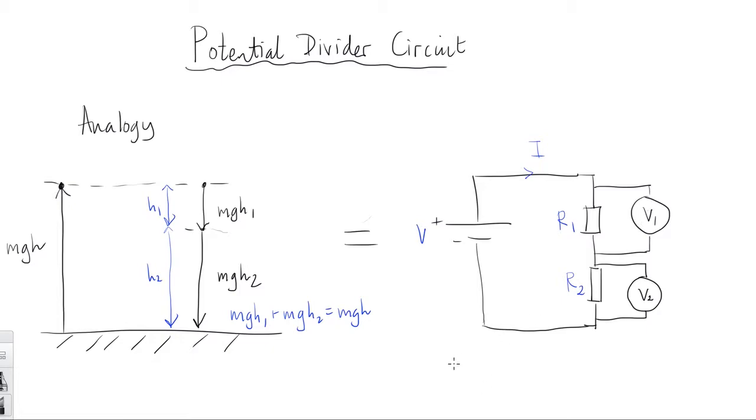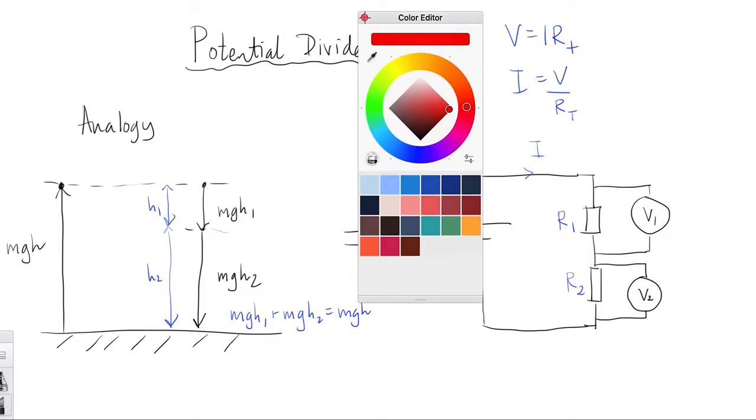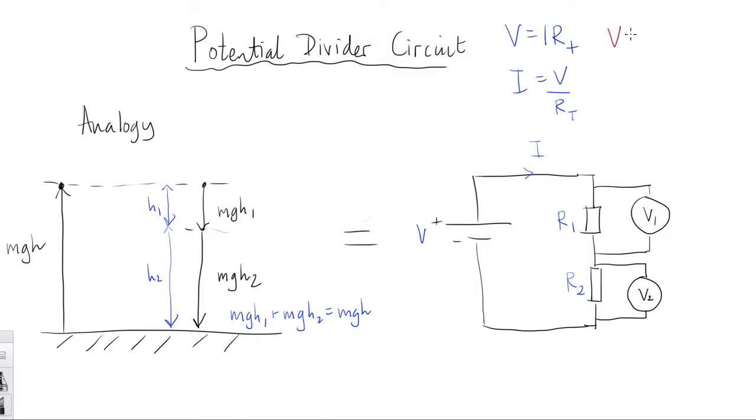Well, we know that V equals I times R, the total resistance. So I equals V over R total. But we know from the conservation of energy that V total equals V1 plus V2, analogous to here, mgh1 plus mgh2 equals mgh.